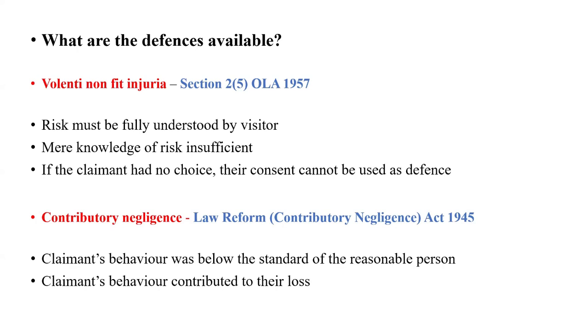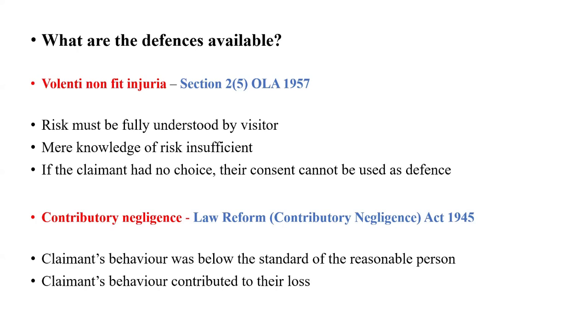It was not just mere knowledge of the risk, but the visitor totally understood the risk. And also, if the claimant, meaning the visitor, had no choice, then their consent cannot be used as a defense. For example, if a visitor had no other choice but to take up a risk in order to enter a place, then you cannot use volenti as a defense.